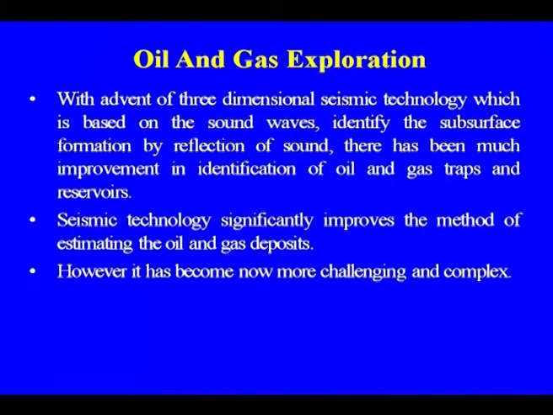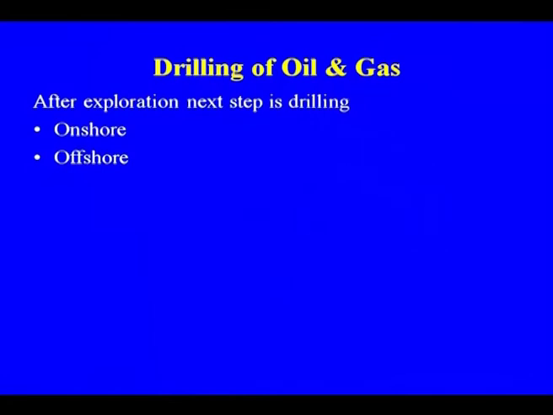However, it has now become more challenging and complex because of the cost and the depth involved. After exploration, the next step is drilling, onshore and offshore. Onshore, mostly it was vertical drilling.